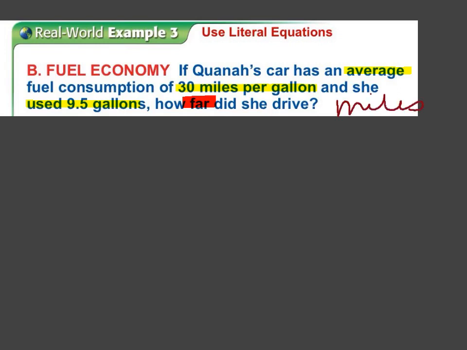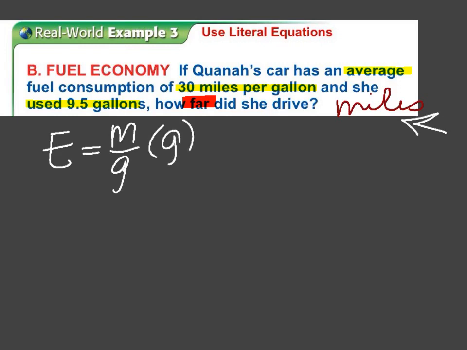Okay, so we are going to use the formula that we had before. So we have E equals m over g. Because we need miles, remember we need miles, we're going to solve it for m. So I'm going to multiply by g on both sides, and then I'm going to have m equals, because this is going to cancel, E times g.